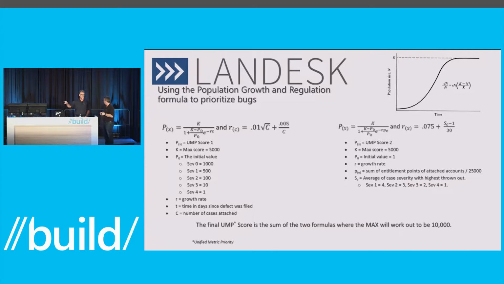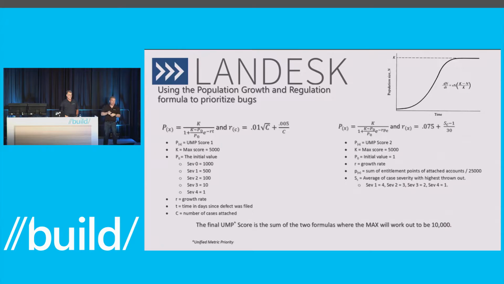And so this is crazy, right? So they were trying to figure out how to visualize that. I'll give credit to him at the end, but Tanner from Landesk, they basically used this population growth formula. And what they were trying to do is not just have a linear scale, but make sure the important bugs got to the top, but didn't bury the medium bugs.